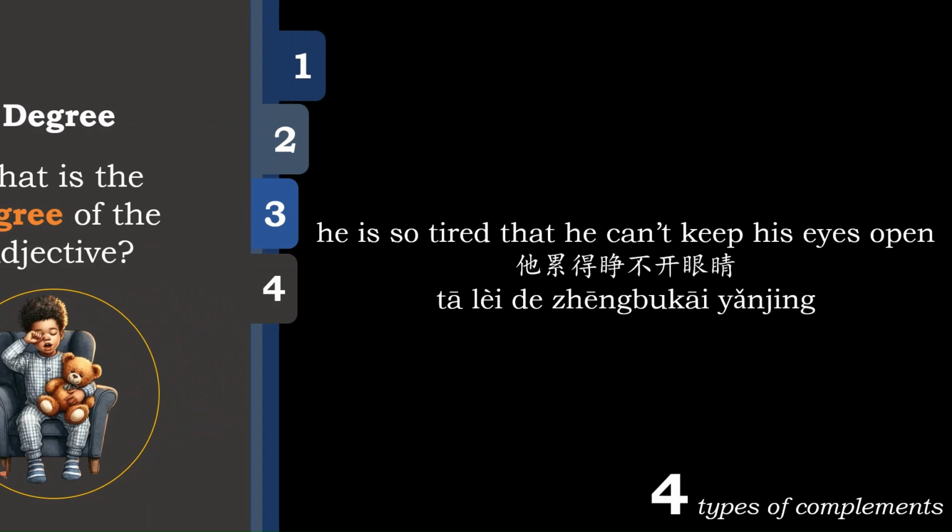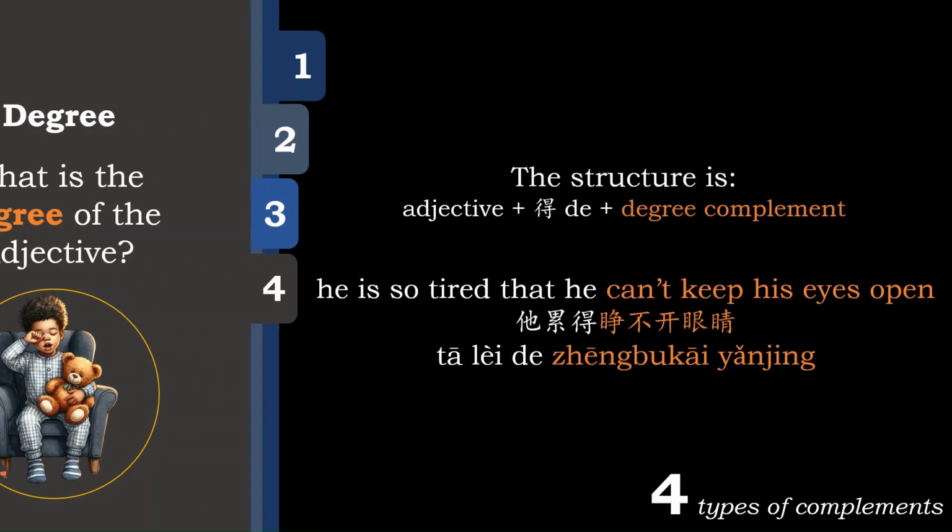He is so tired that he can't keep his eyes open. 他累的睁不开眼睛. And what is the degree complement here? It is can't keep his eyes open. 睁不开眼睛. So when we use the structure adjective, the degree complement, it forms sentences that say so adjective that complement.